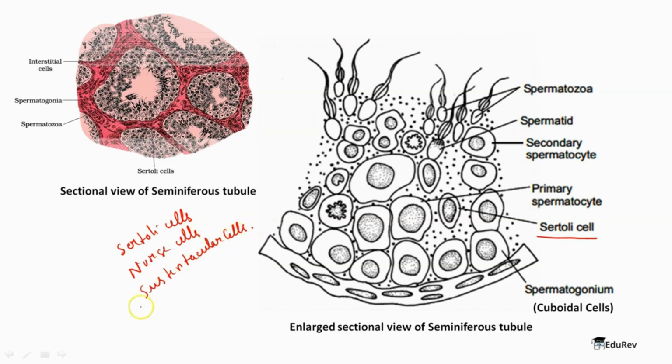These Sertoli cells secrete inhibin, the function of which is to send negative feedback when enough sperm production has taken place and no further sperm production is required. It also secretes ABP. What is ABP?